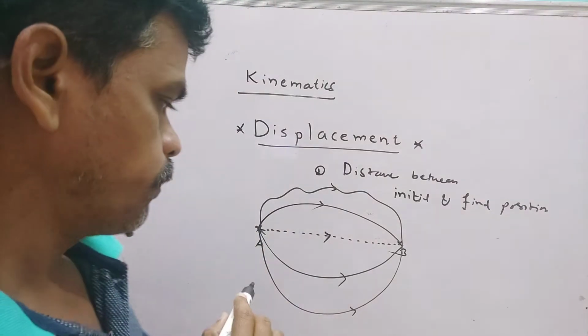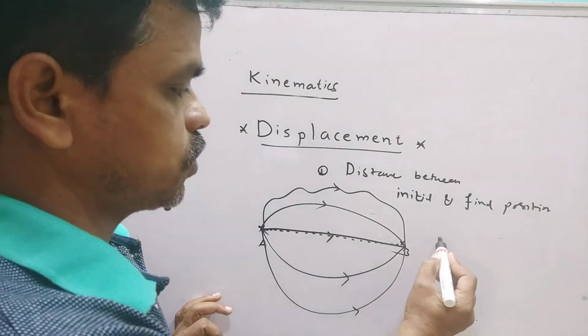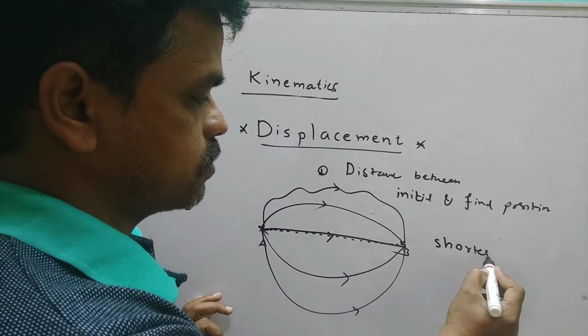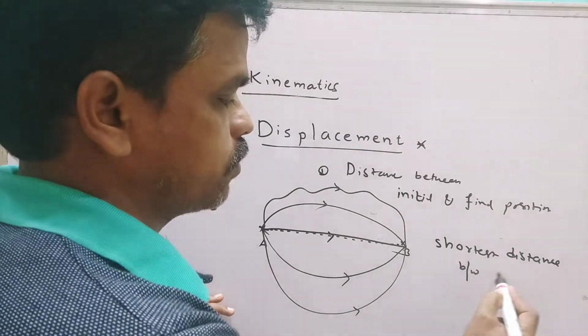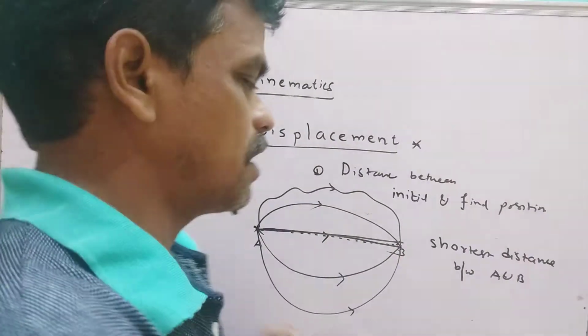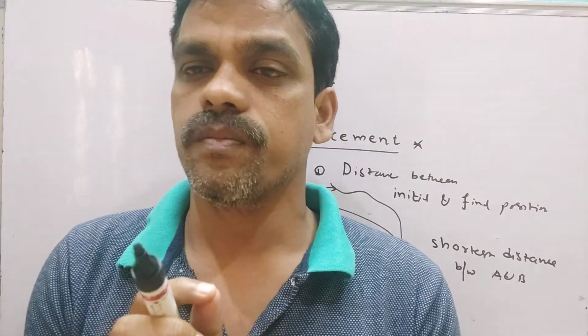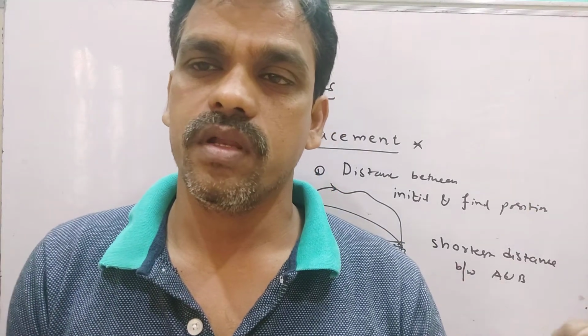So the shortest distance between A and B, the shortest distance between any 2 points. Any 2 points means initial and final positions. If a particle travels from point A to point B, there are a number of paths to reach from A to B. Which is the shortest path?